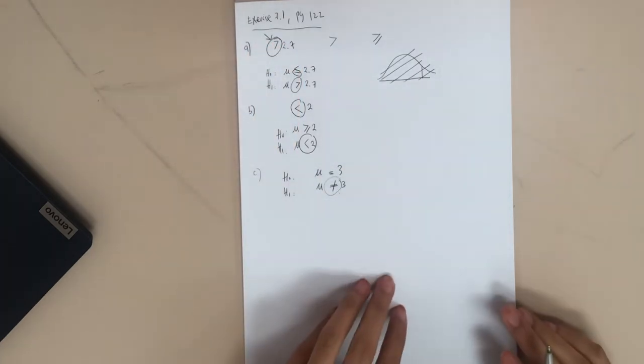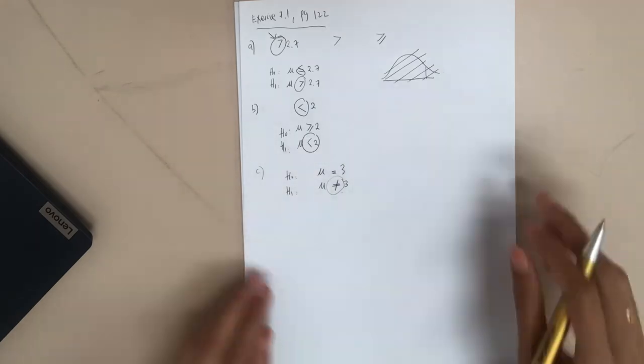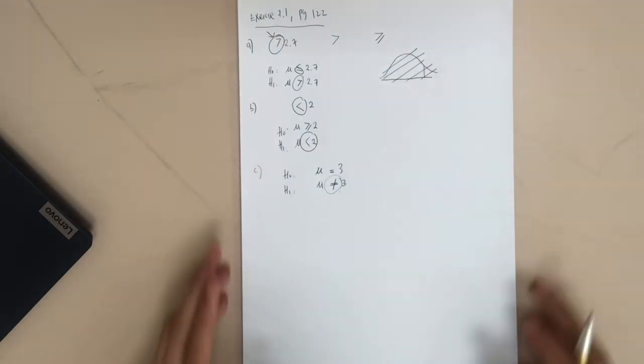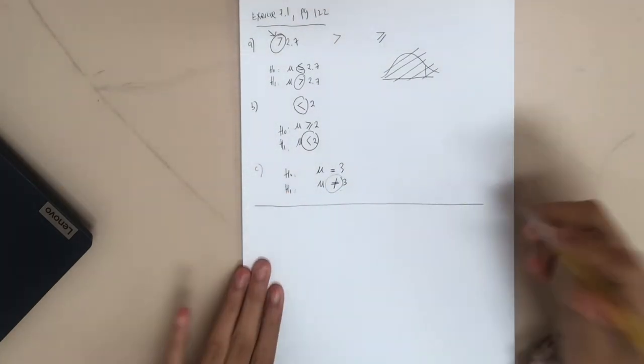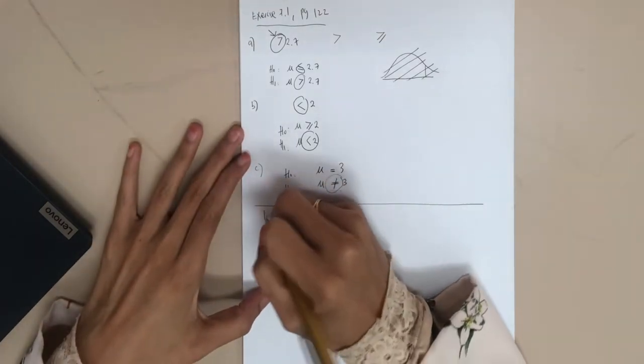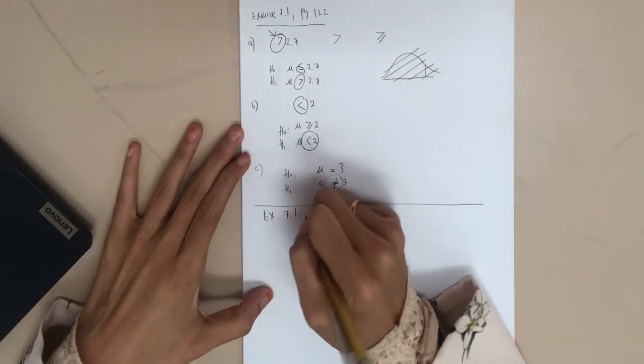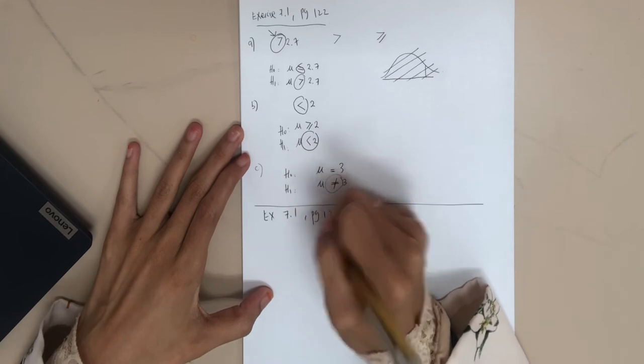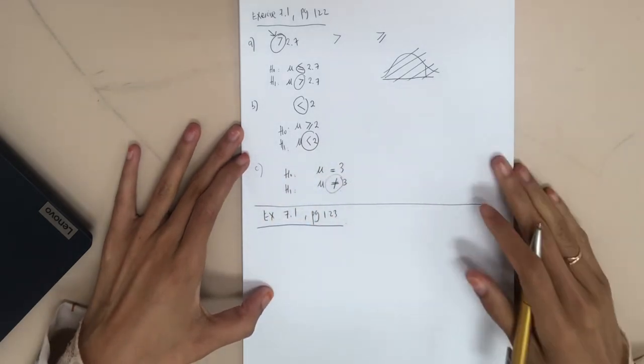So now we go to example 7.1. Okay, I'm using the same paper. Right, so example 7.1, page 123. So I read the question here.